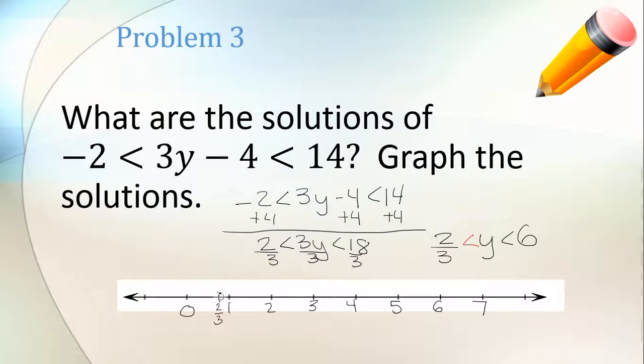Put an open circle there. And I'm going to read from the variable. So y is greater than 2/3. So I'm going to shade this way. And then y is less than 6. So I'm going to have an open circle at 6. And I'm going to shade this way. So just like I said, an AND inequality will always be between the two numbers.